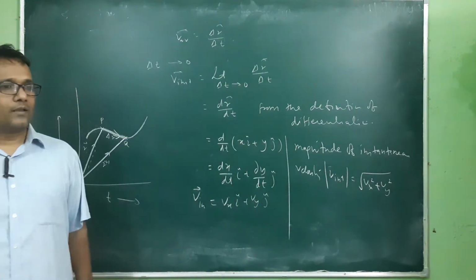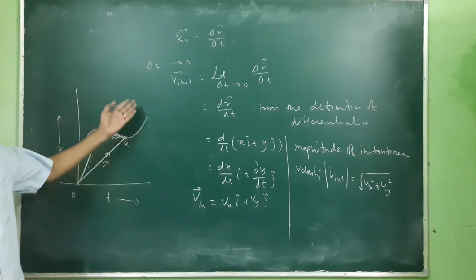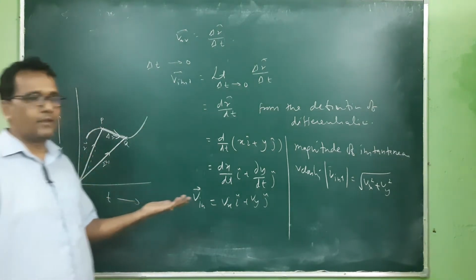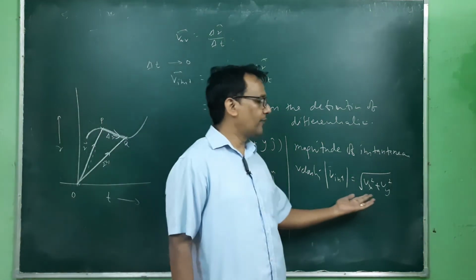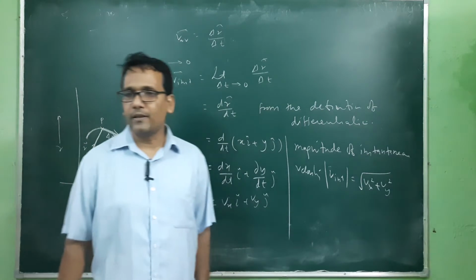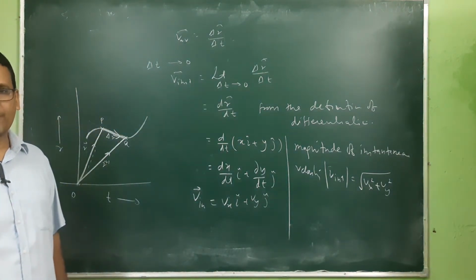The formula for the magnitude is the same in the case of average velocity as well as instantaneous velocity. You just take the square root of vx square plus vy square, where vx and vy are the components of velocity in the x and y directions.